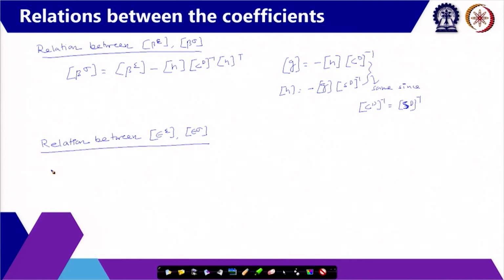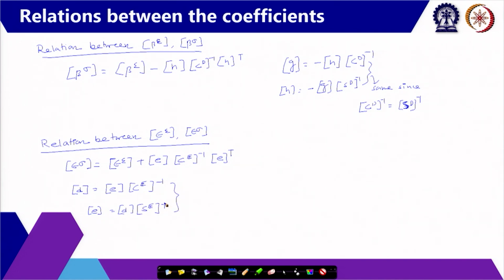So, using equation 2 and equation 4 we can find out the relation, and the relation comes to be epsilon^sigma is equal to epsilon plus e multiplied by c^E inverse multiplied by e^t, and also we get d equal to e multiplied by c^E inverse, and again previously we got e equal to d multiplied by s^E inverse, again they are same because s^E inverse is equal to c^E.